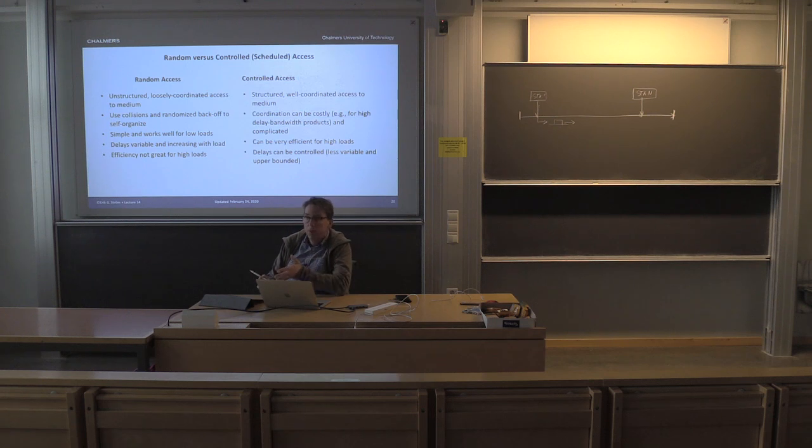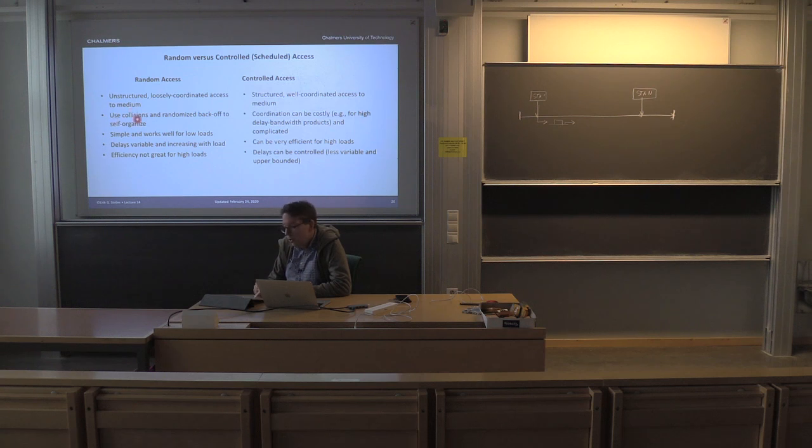We have now gone through the random access and controlled access main families for medium access control. So let's contrast them a little bit. We have random access, which is unstructured, loosely coordinated access to the medium.